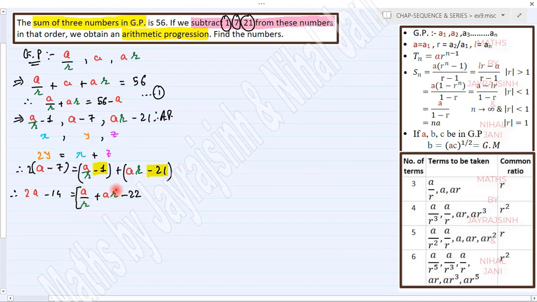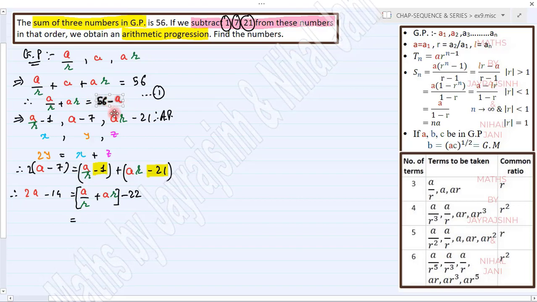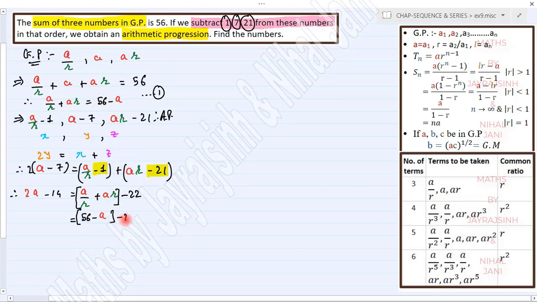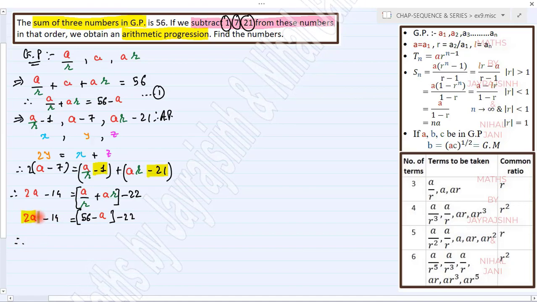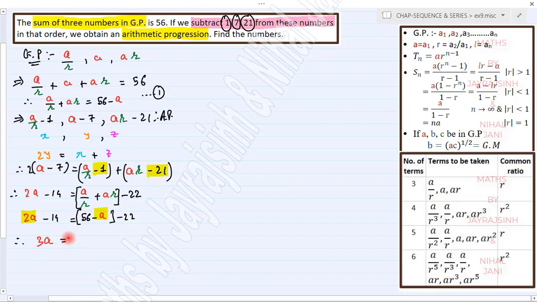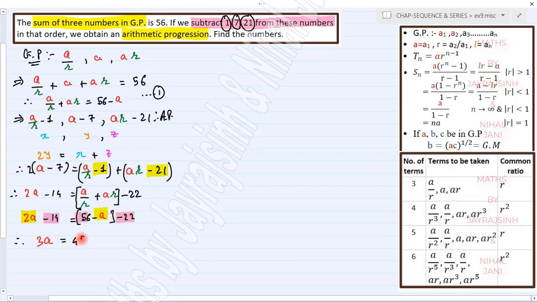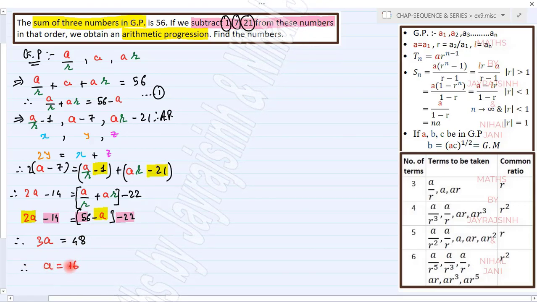So if we substitute the value of a by r and ar from the first equation, we will get 56 minus a minus 28 is equal to 2a minus 14. Collecting the terms of a on the left side will give us 3a is equal to the rest of the terms will give us 48, or we can say your a must be 16.